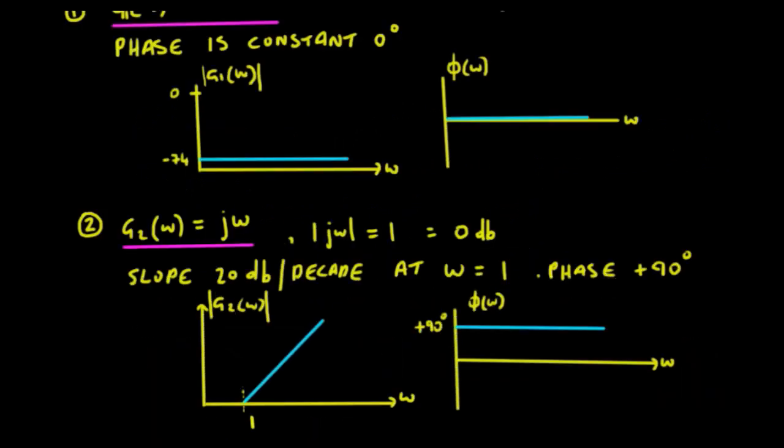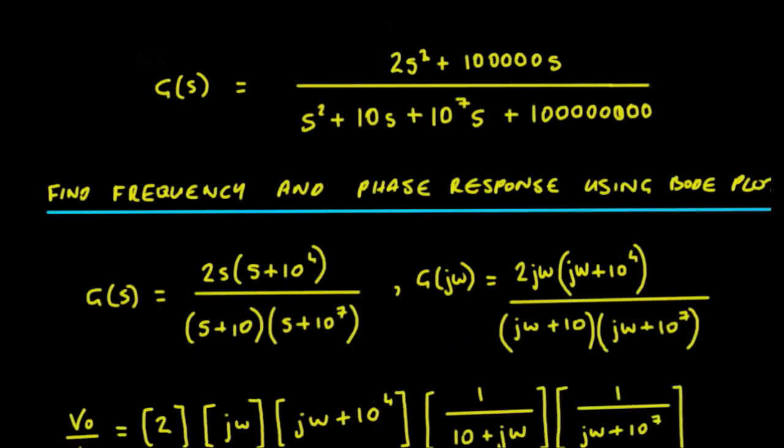Now what we'll do is we'll look at an actual transfer function. It's a more complicated function than the simple low pass, and again it's a little bit contrived, but it does the task of describing how we can use Bode plots. So let's say the transfer function is given by this here.